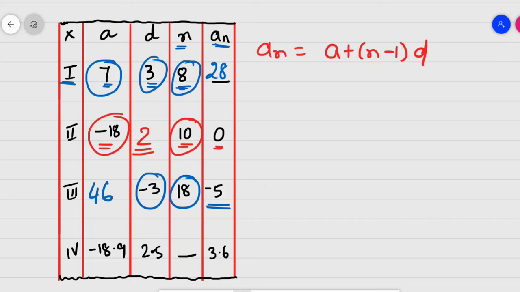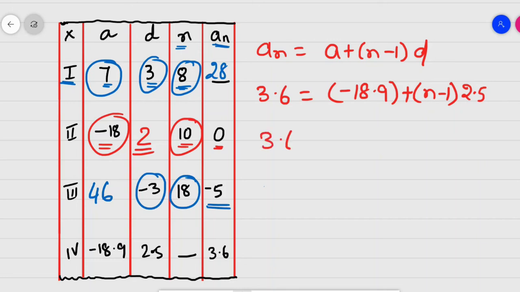Your nth term is 3.6. This is equal to how much is your a? Your a is minus 18.9 plus n minus 1, and what is your d? d is 2.5. Okay, now simply see, 3.6 will be equal to minus 18.9 plus 2.5n minus 2.5.